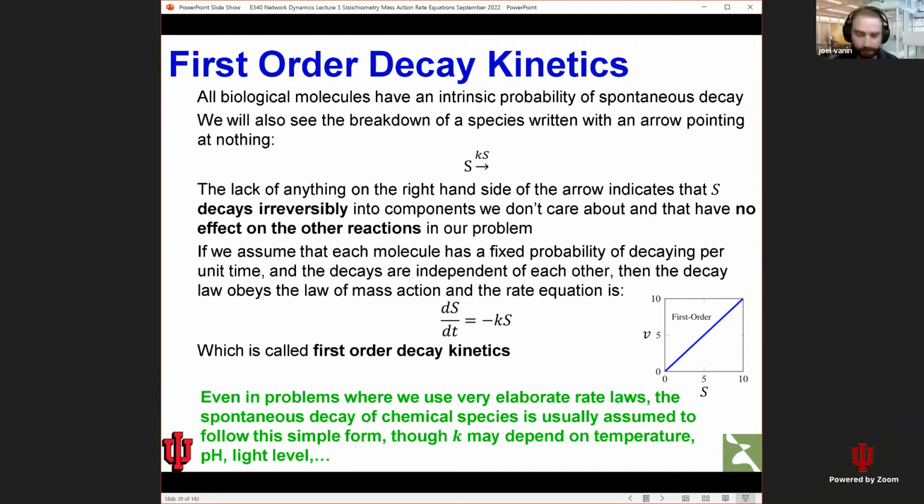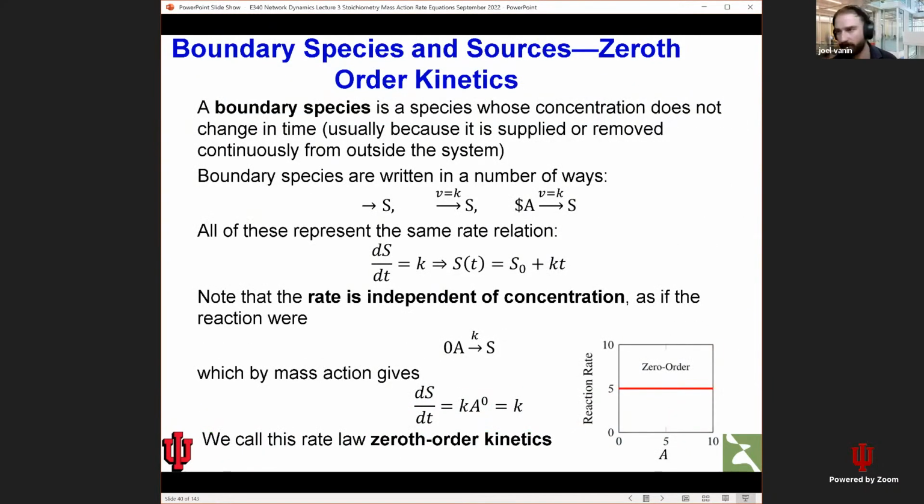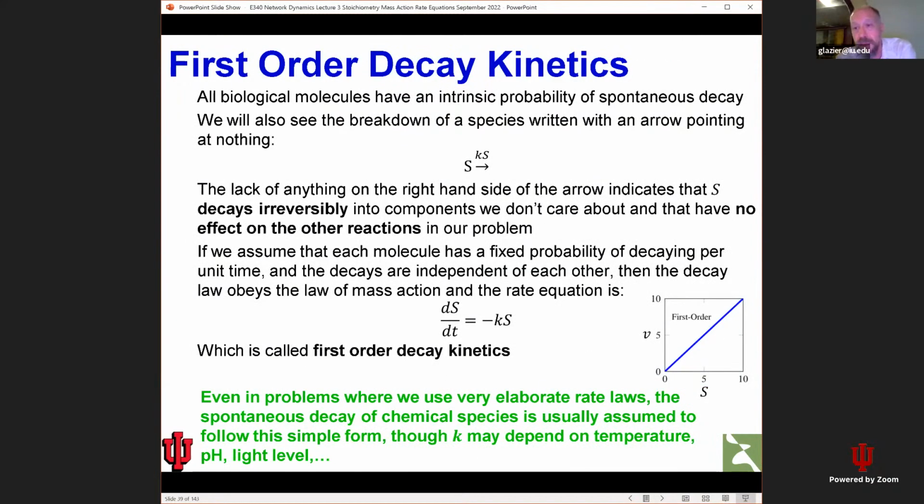I have a question. How does it relate to the half-life? How do we go from one to the other, or the opposite? So explain to me again what you mean.